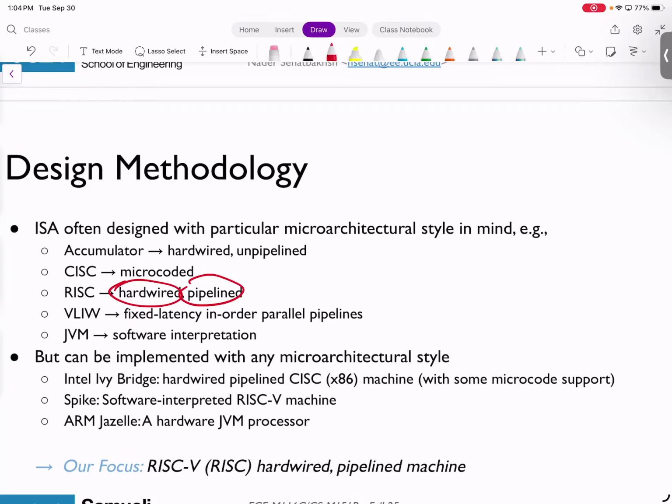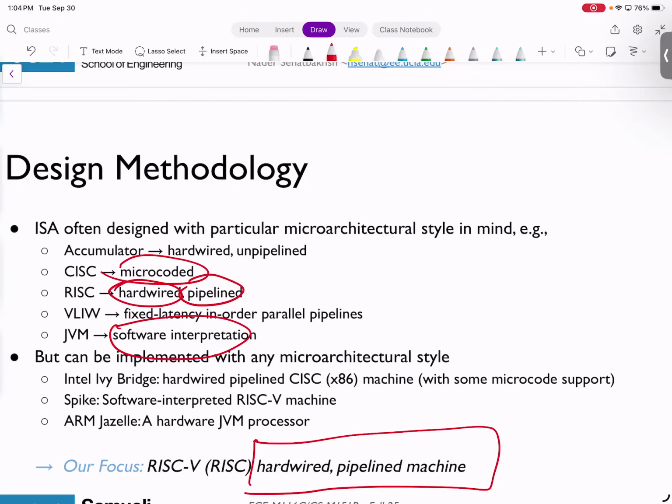Once we start talking about the microarchitecture, you'll understand what we mean by hardwired and what we mean by pipeline. But the other alternatives are that you can have a microcode design, or you can have a software interpretation like Java virtual machines. But what we're going to focus on in this course is a hardwired pipelined machine. Unfortunately, we won't have time to go over the other alternatives, but just know that they also exist.